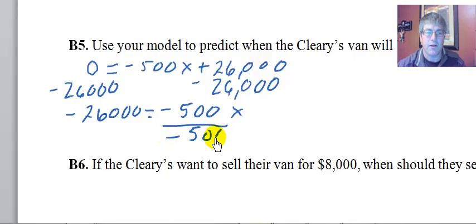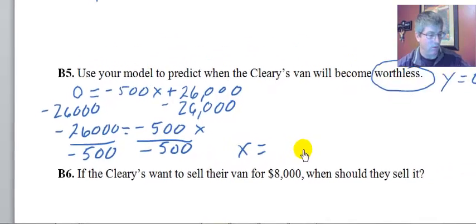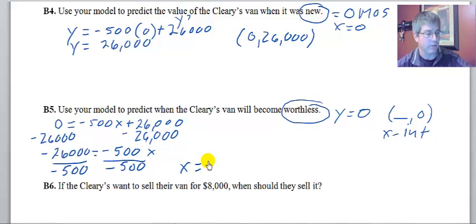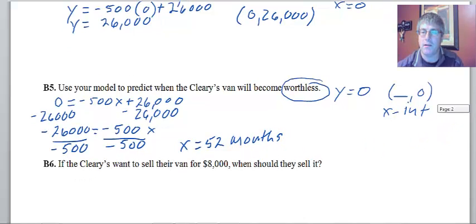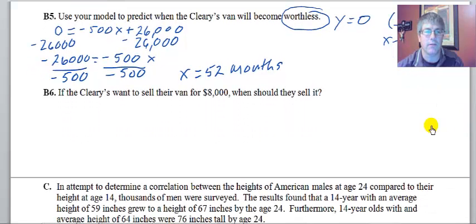Divide by negative 500, and you will see that x equals 52 months. So, wow, just a little over 4 years old, 4 years and 4 months, and the Cleary van is worthless.